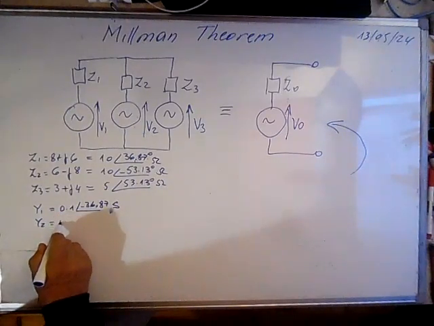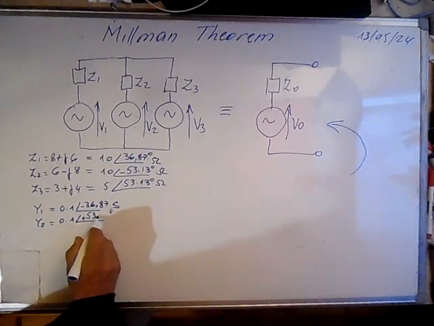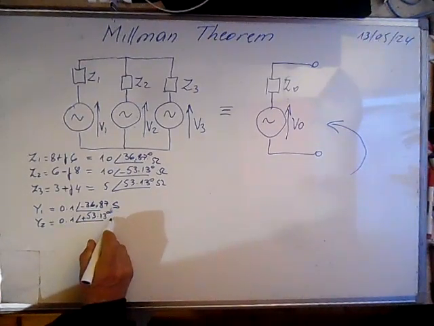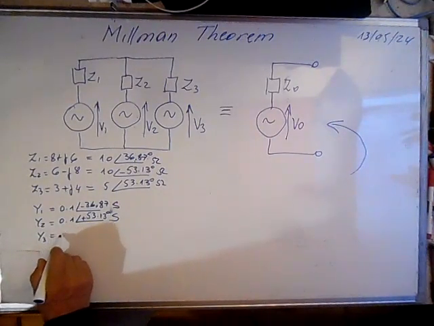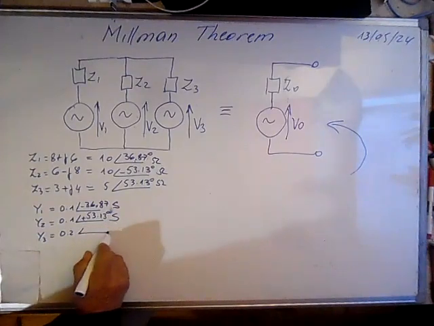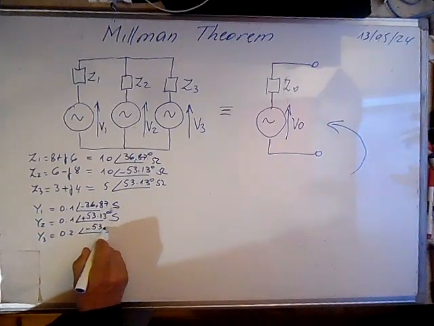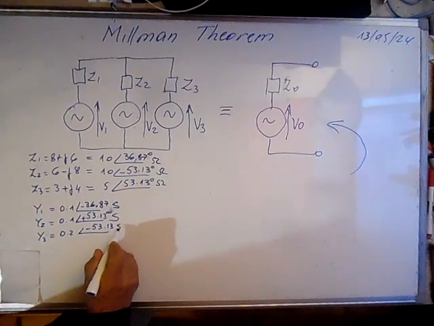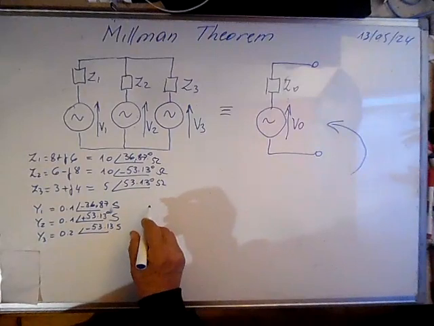Y2 is equal to 0.1 at plus 53.13 degrees, and Y3 is equal to 0.2 at minus 53.13 Siemens. Now we can calculate V0.